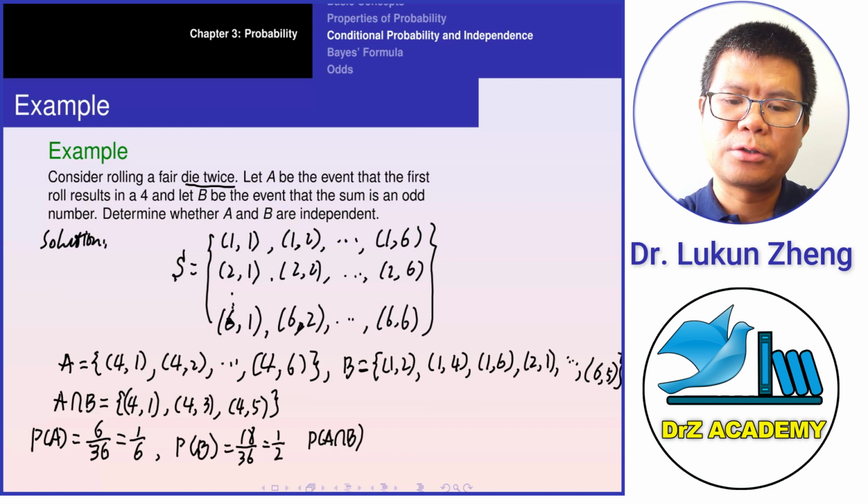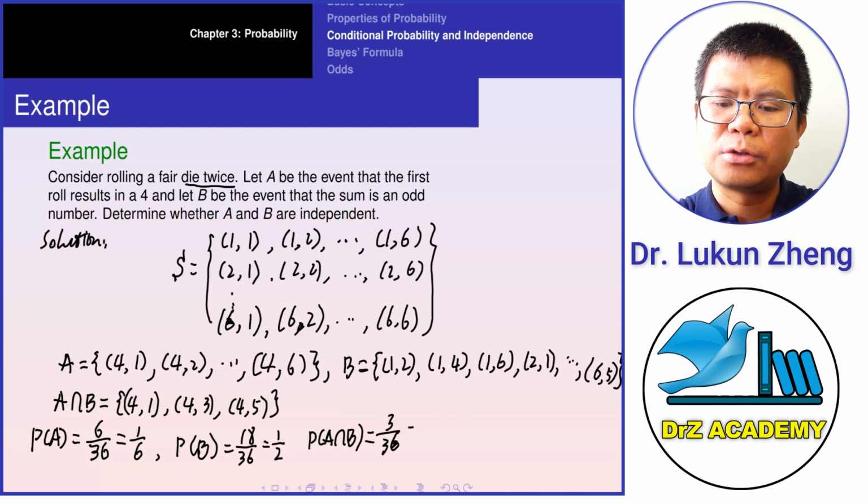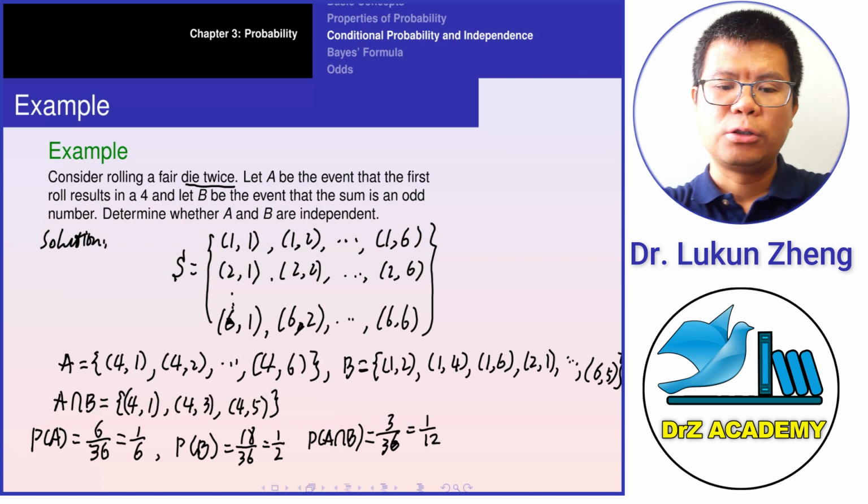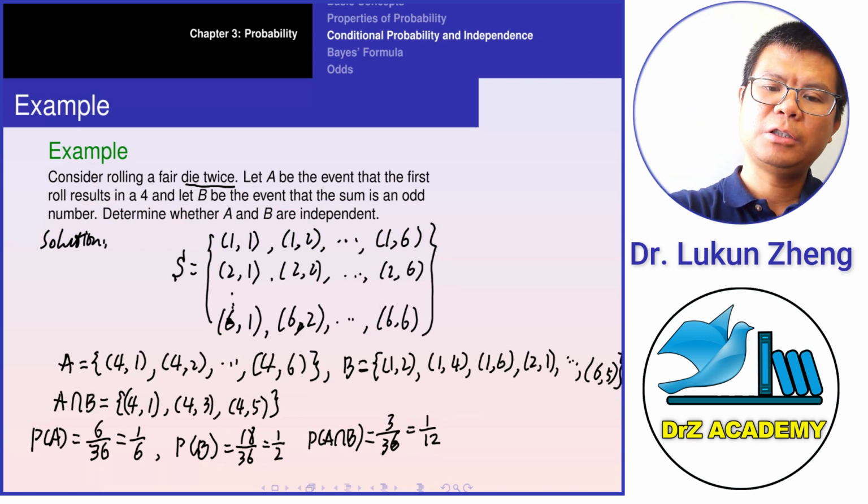You can also see the probability of A intersect B. As we can see, there are 3 outcomes, so 3 out of 36, which is 1/12. Now, do we have the equation to determine whether they're independent?